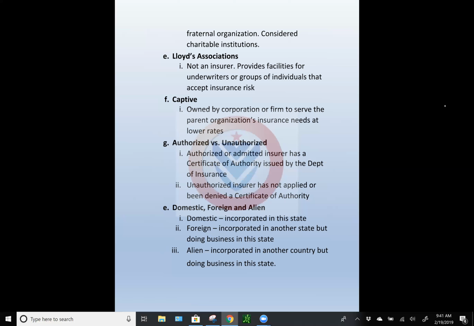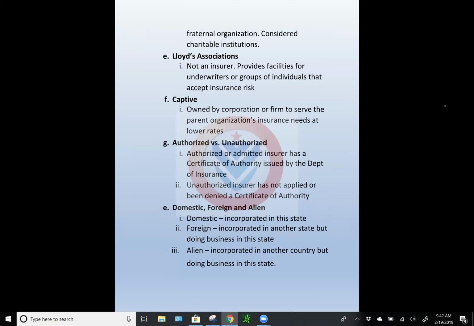Next, insurance companies, to do business in a state, have to have what's called a certificate of authority. That certificate of authority is issued by the Department of Insurance. It is a special license that insurance companies must have to do business in the state.